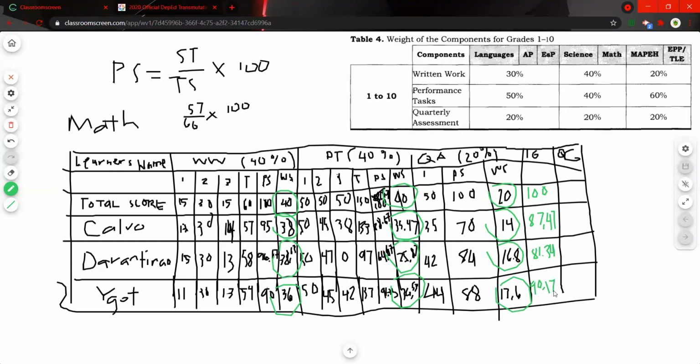Now for the quarterly grade, to know what the quarterly grade is, we use the transmutation table.